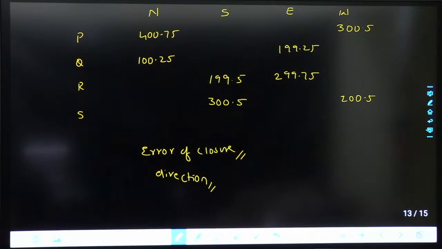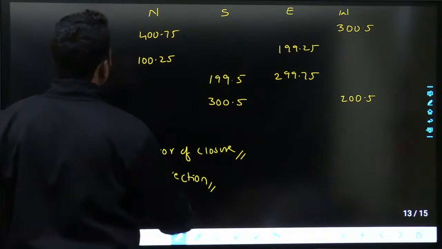Great. Error is 2.23 meters, given by anonymous. What is its direction? 296.57 degrees.